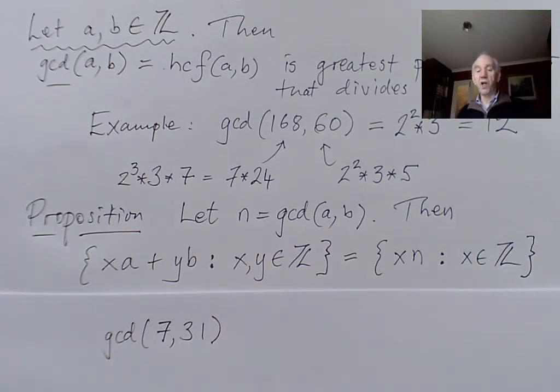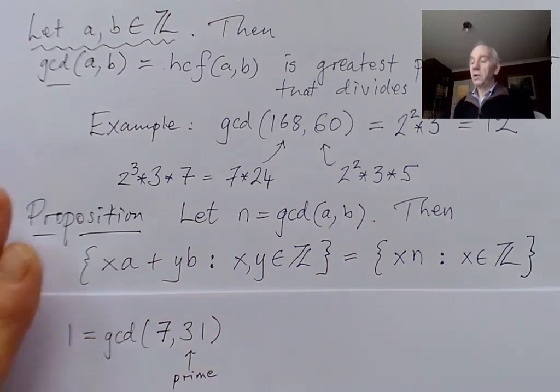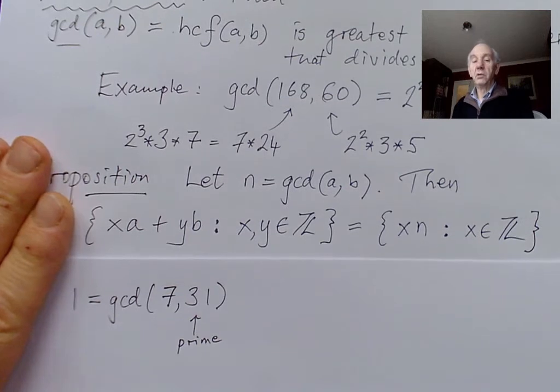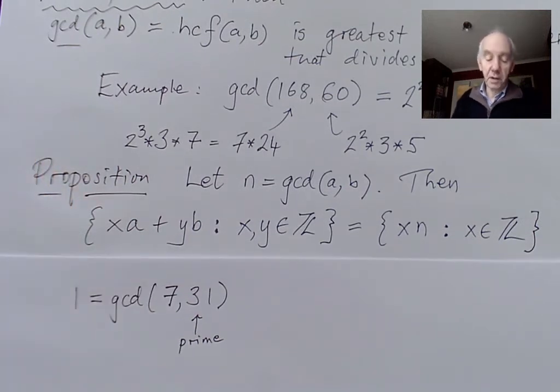Well, 31 is a prime number, so the greatest common divisor of 7 and 31 has to be 1 because 7 does not divide 31. This is a prime number. You should really know by heart all the primes up to 100, say, I think.